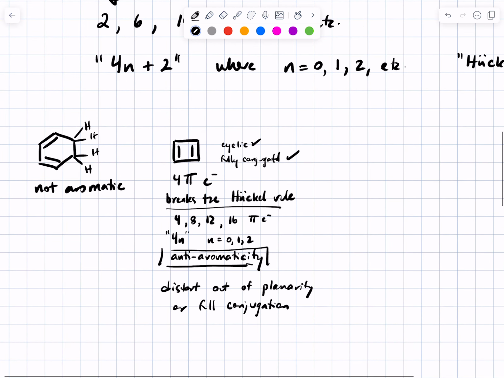Cyclobutadiene is sort of a holy grail among physical organic chemists because it's so unstable you can't really observe it unless you go to really, really cold conditions.